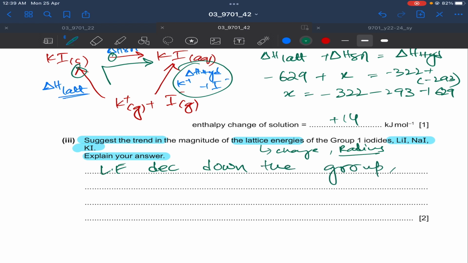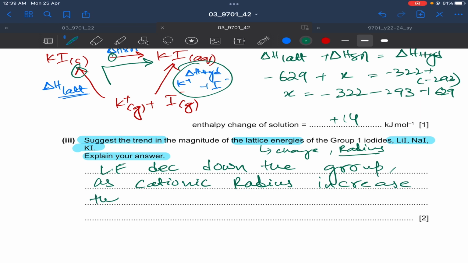Lattice enthalpy decreases down the group as cationic radius increases. Number of shells are increasing. So cationic radius increases down the group.